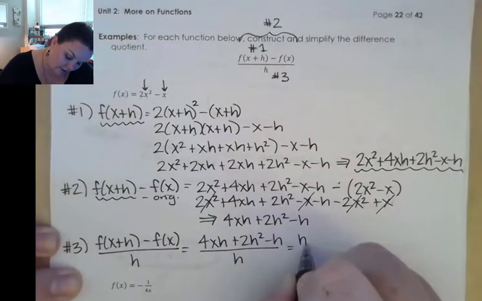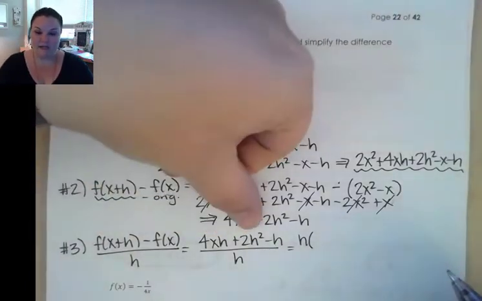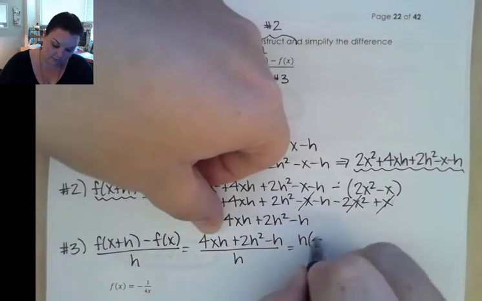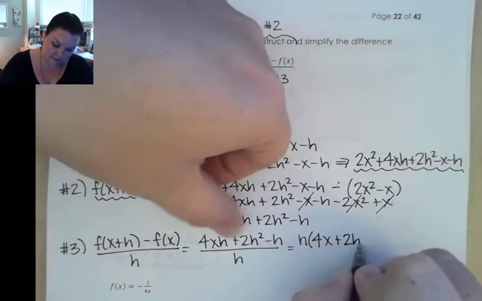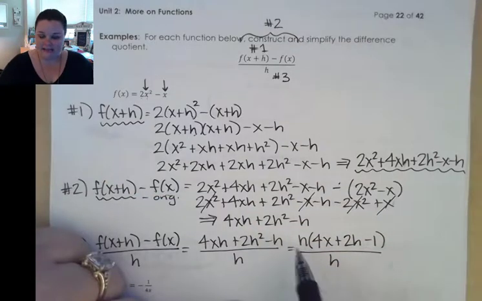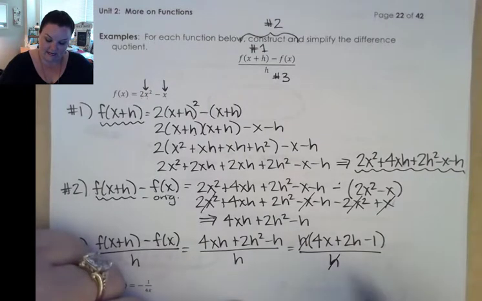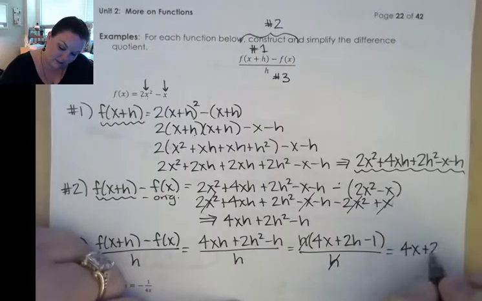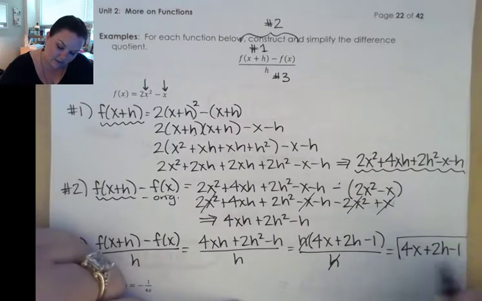Okay, and I'm going to go ahead and write it as if we factor out the h, because I want to make sure I know what I'm left with when I take that h off. So h times 4x plus 2h minus 1, divided by h. Now that I've factored out the h, we can see what's left here, and we can also just reduce that h away. So our final answer would be 4x plus 2h minus 1.